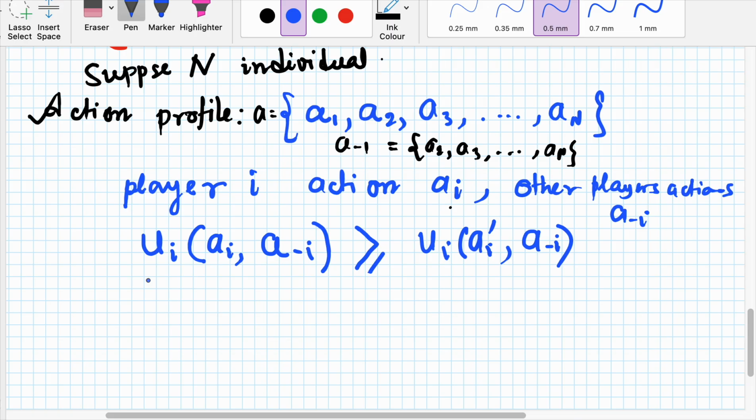So in that sense this ai is maximizing player i's utility, given that all other players stick to their action profile.